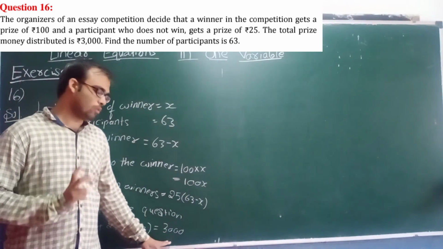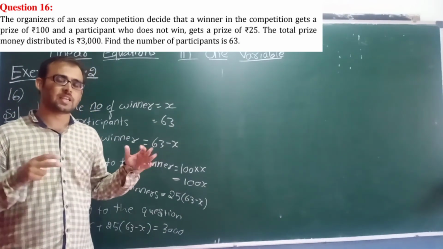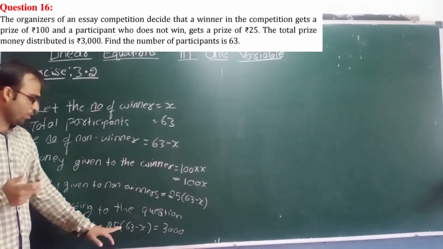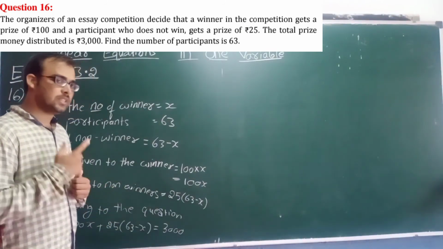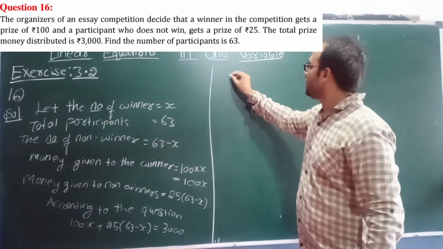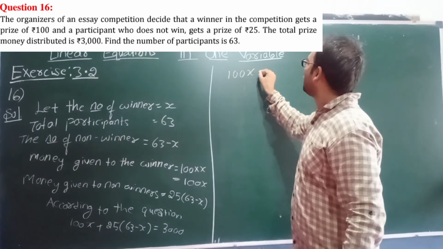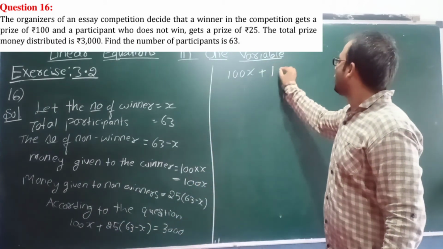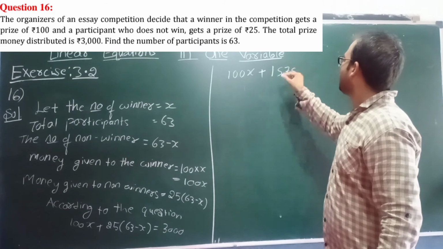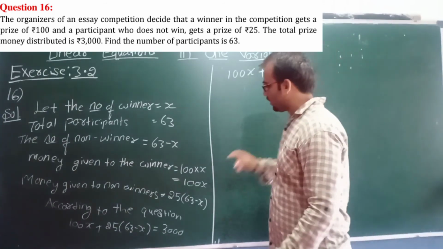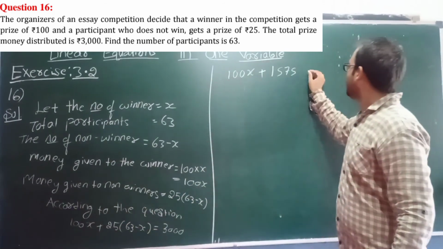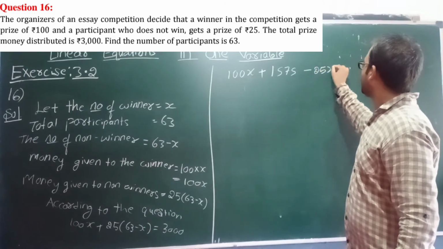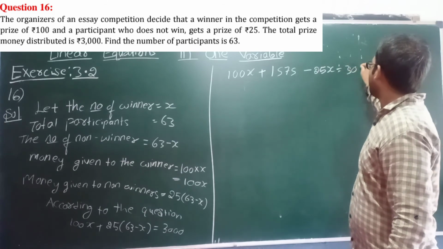Because 3000 is the amount distributed among the winners as well as non-winners. So 100x plus 25 into 63 minus x is equal to 3000. Now students, 100x plus 25 into 63 will be how much? 1575. Next, plus into minus will be minus, and 25 into x is 25x, equals 3000.